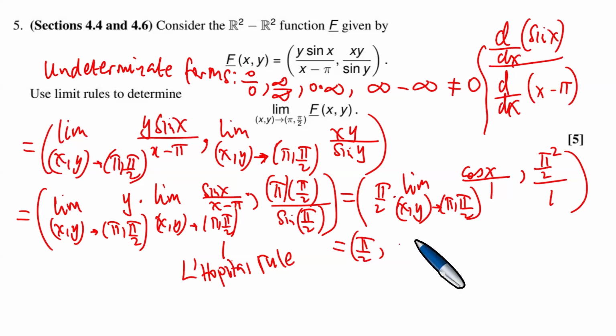So we have pi times cosine of x, put the x here, it's pi, and this one here is pi squared over 2.